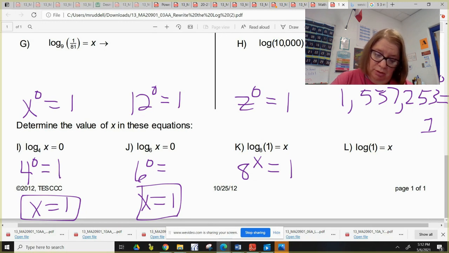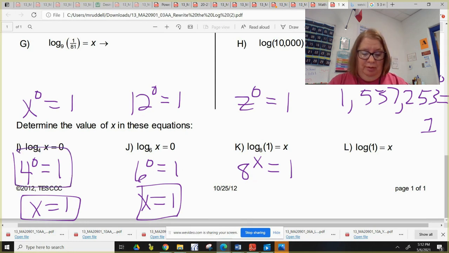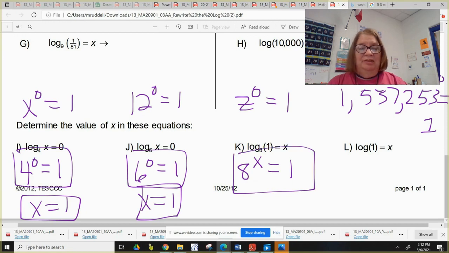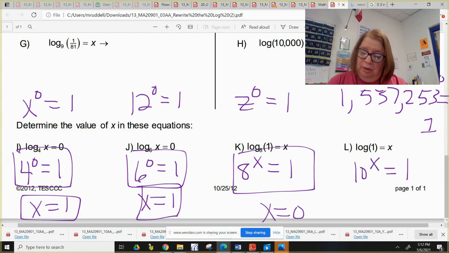This one, x was 1. So what do you notice there? 4 to the 0 power is 1. 6 to the 0 power is 1. If 8 to the power of x is 1, that x has to be 0. And here, 10 to the power of x equals 1. What power do we raise something to make it equal to 1? It is 0. And that's that.